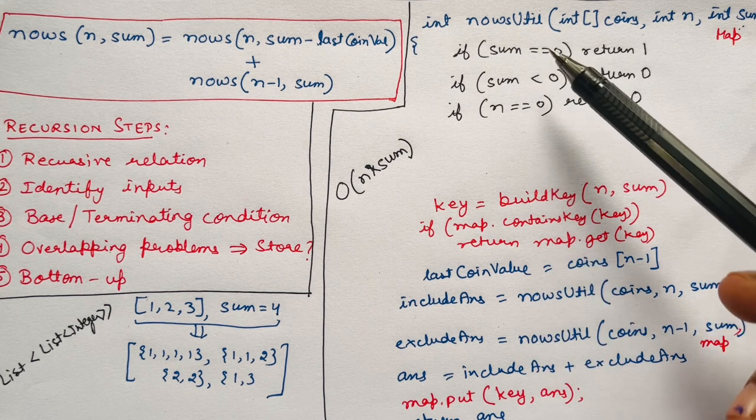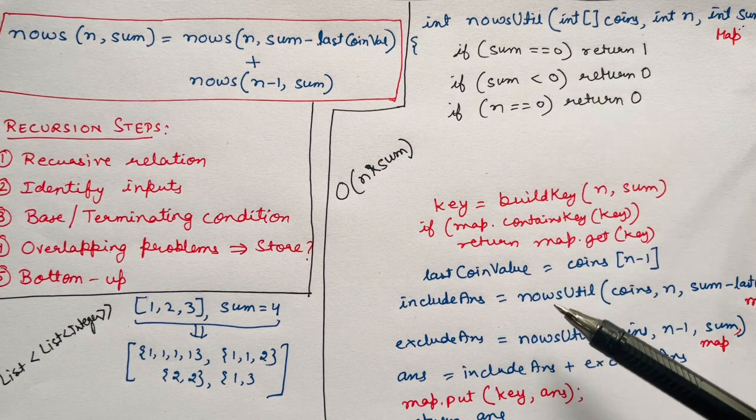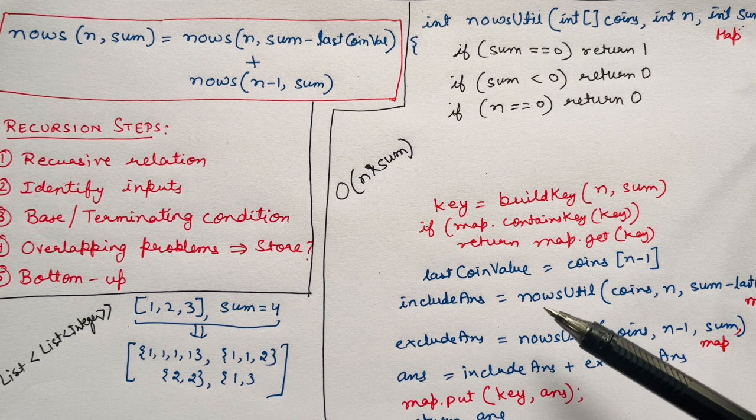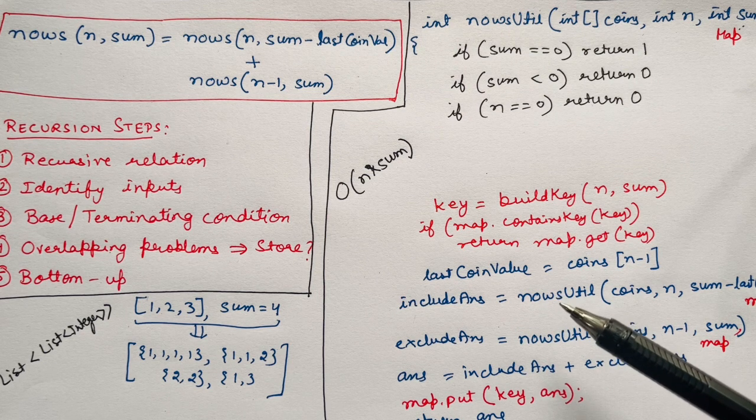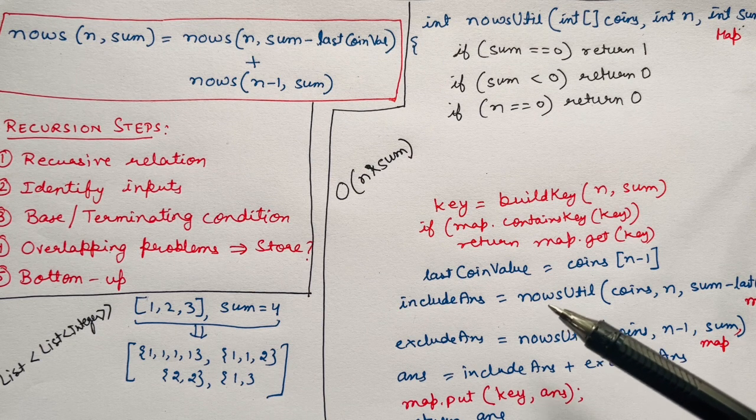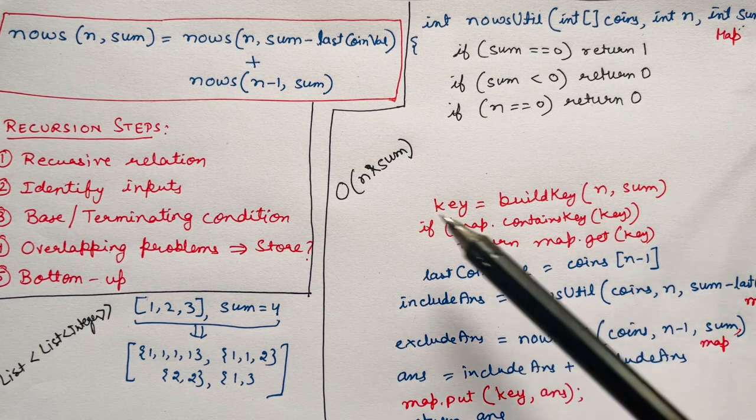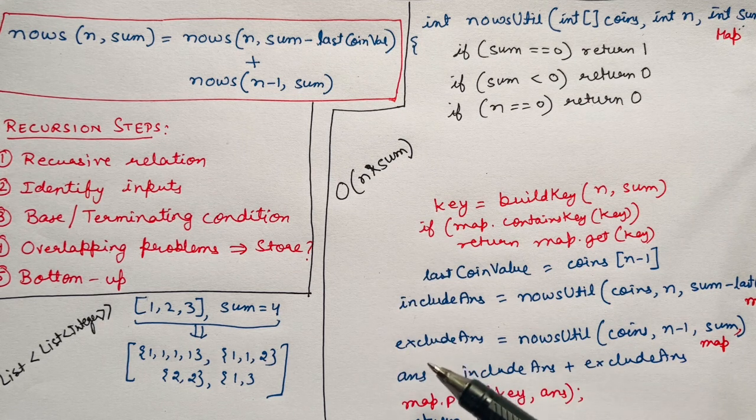So as the recursion tree grows larger, the space occupied in the memory will also grow large, which is not good. We don't want that. So it would be great if we could solve this problem in the same time and space complexity, but without using recursion. And therefore, we need to think of bottom-up approach.